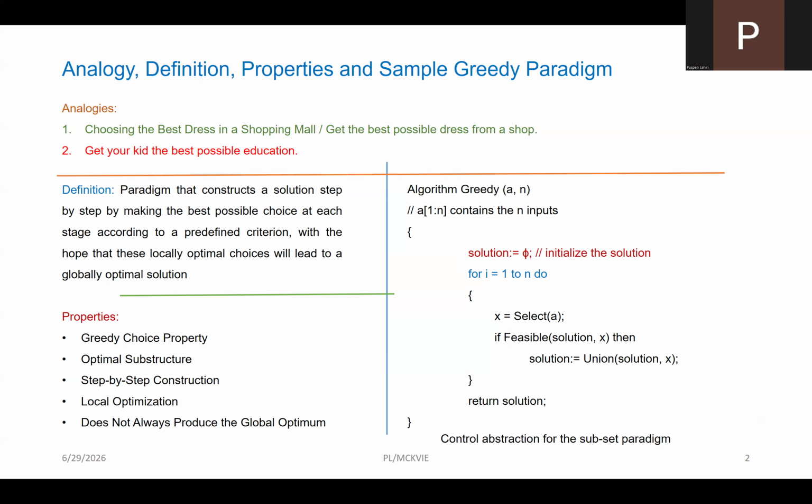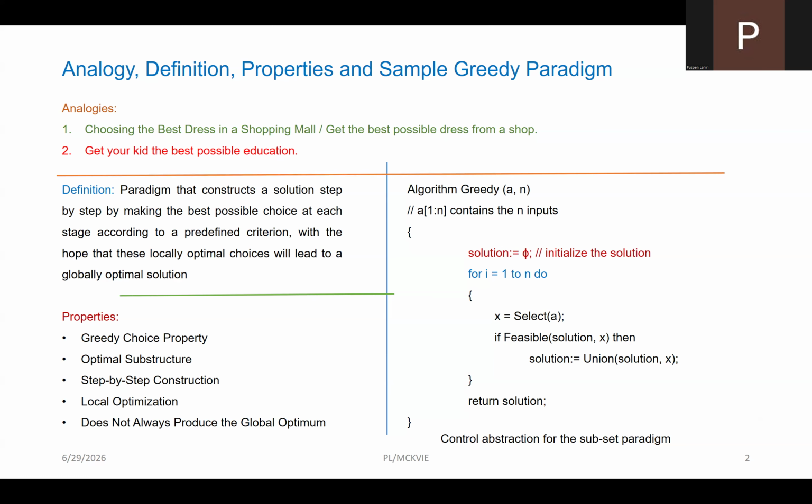The properties begin with the greedy choice property. Basically, a greedy algorithm makes the best immediate choice, which is termed a local choice, at each step. Decisions are based only on the current state, and no future consequences are considered. So this is called the greedy choice property.